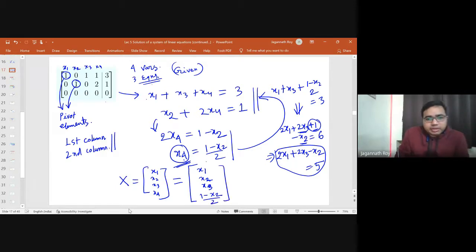If you write it in this form, then you have to assume 3 variables. x1 will be unknown, x2 will be unknown, and x3 will also be unknown. But it is sufficient, there also you will get infinite number of solutions.